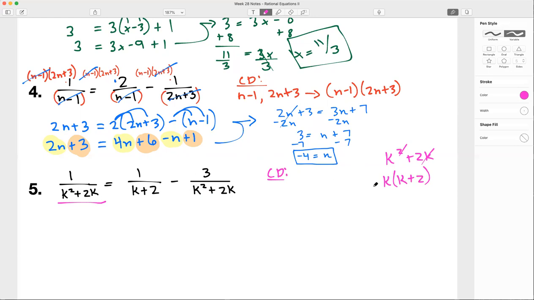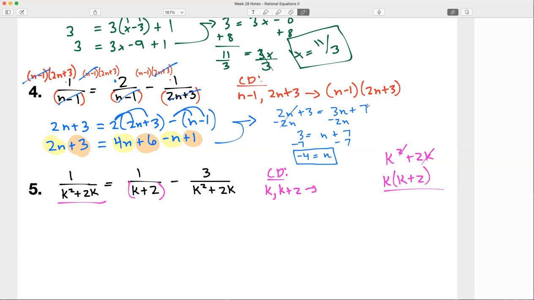We need to make sure to GCF factor everything first. So what we have as far as factors are k, and we have a k plus 2, and we have a k plus 2 here, but we already had that. So our common denominator will be this, okay? So I'm just going to move this right over here because that is where it belongs.